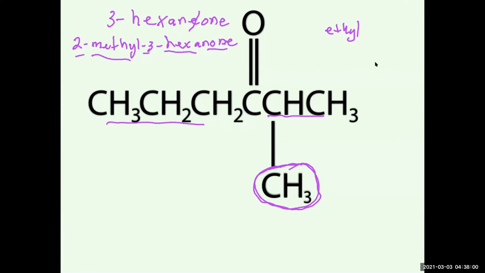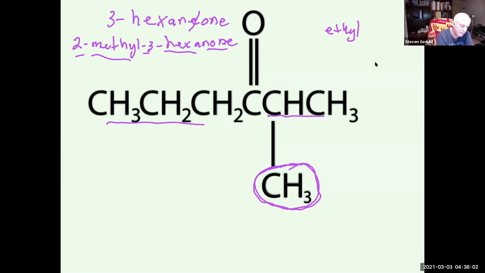Not 2. Remember, you start numbering from the carbonyl carbon. So this is number 1. This is number 2. We start numbering from the carbonyl carbon and go outwards. Okay. So it's not a regular numbering system. So this is 1-methyl ethyl. And on the other side, it's propyl.